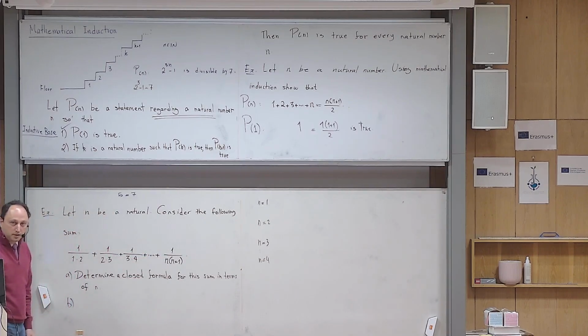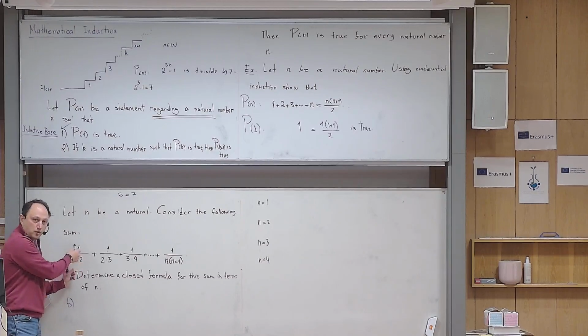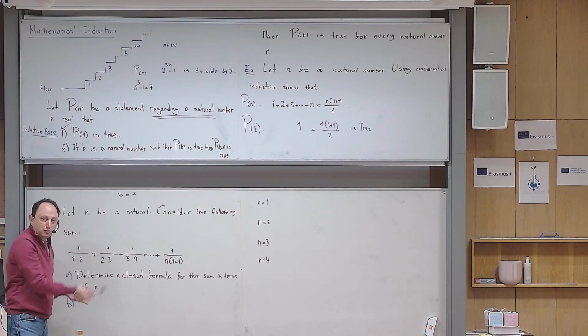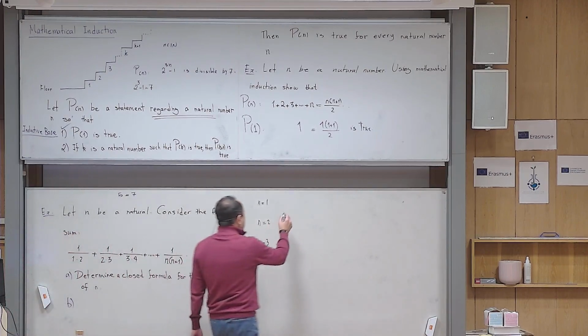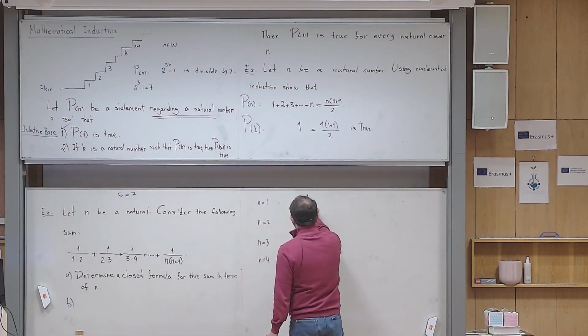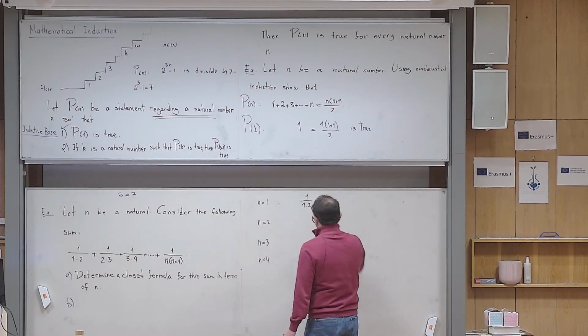And then you stop, yes? Now that I have given you 1, you again start from 1 over 1 times 2, but you immediately reach the end, and you stop. So when n is equal to 1, your sum is just simply 1 over 2.